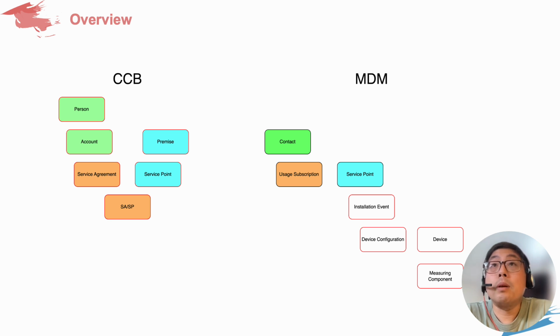MDM would calculate it based on the meter, either half hourly consumption or non-half hourly, which is scalar reads, and then send it back to CCMB for rate calculation. Then, based on the consumption times the price, in very simple terms, we get the bill.